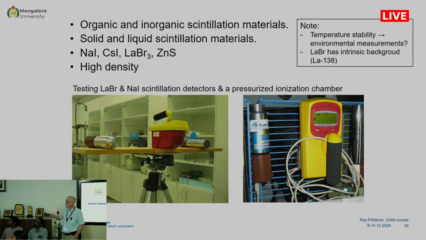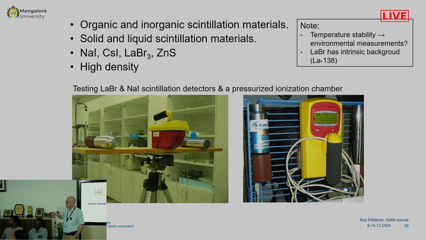In this picture, we are testing a lanthanum bromide detector, and I think this is sodium iodide, this is lanthanum bromide. This is a pressurized ionization chamber.